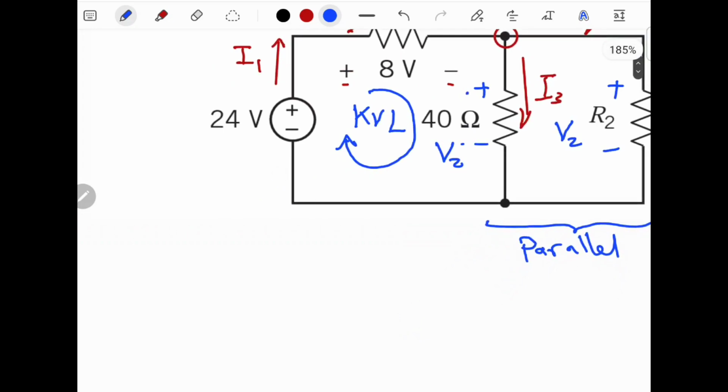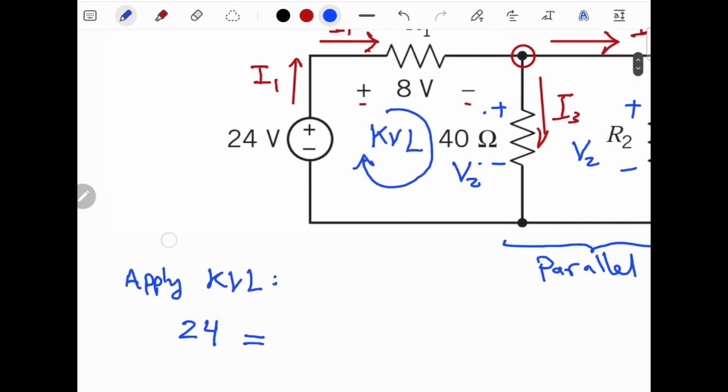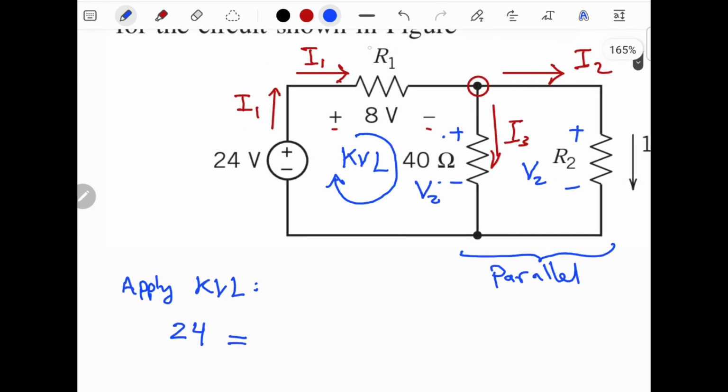So by applying KVL, we will get that the 24 volt supplied by the voltage source is distributed along the first resistance R1, so we will call this V1, which is 8 volt, plus V2.